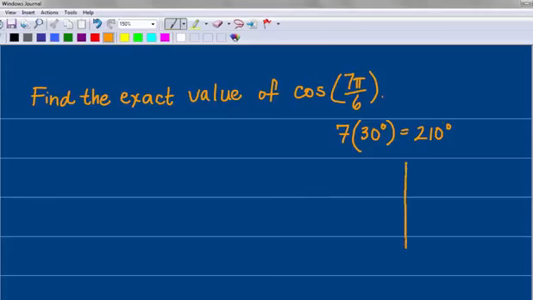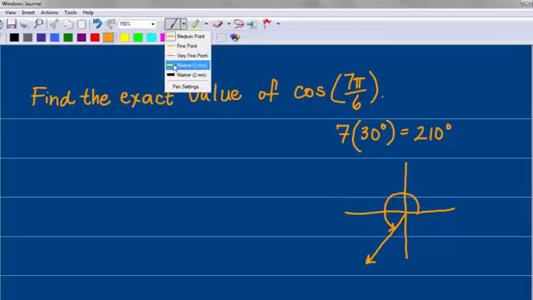I can sketch this angle on my coordinate plane by rotating counterclockwise into the third quadrant. And in fact, my reference angle in this case will be 30 degrees because I've rotated 30 degrees past my 180 degree mark.